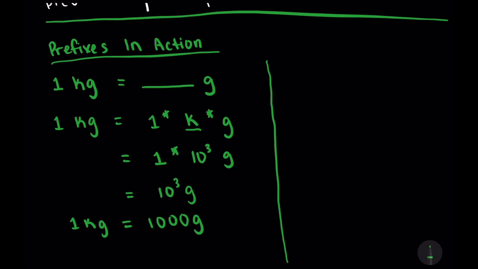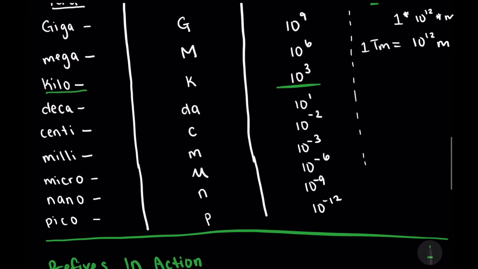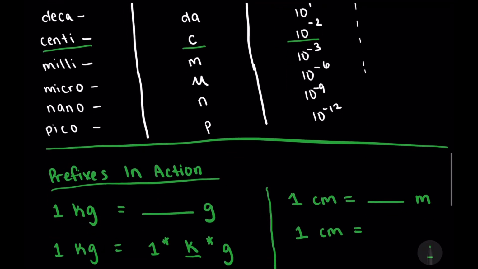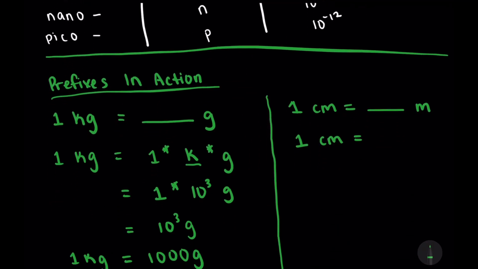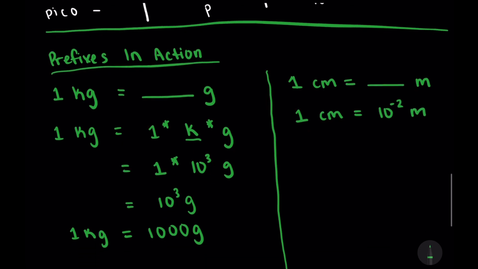Just to go over one more example, let's say we have 1 centimeter and we want to represent that in meters. We know that the prefix centi that we see right here is 10 to the minus 2, and since we're prefixing the meter, it would just mean 10 to the minus 2 meters.